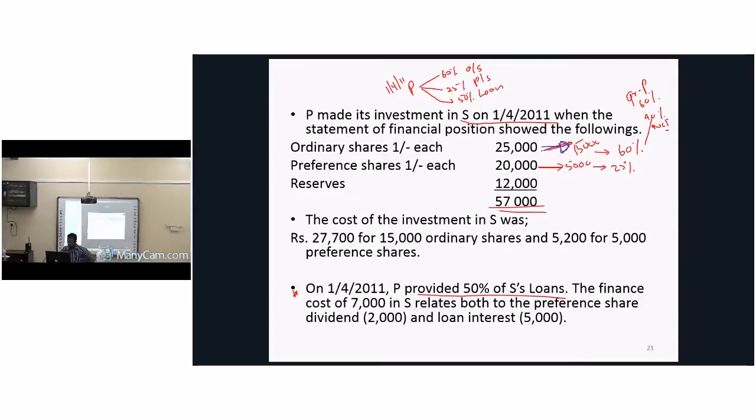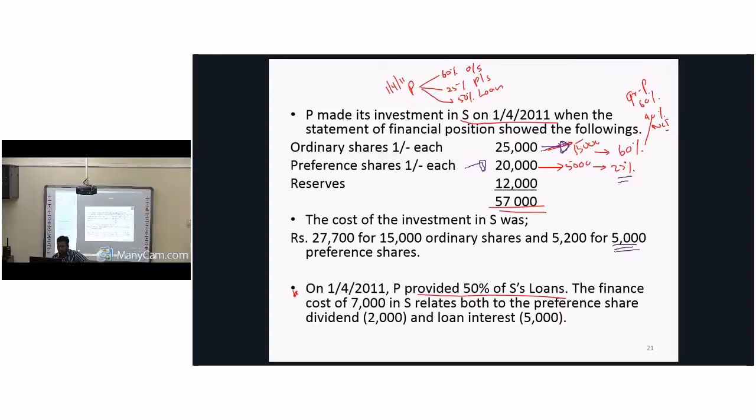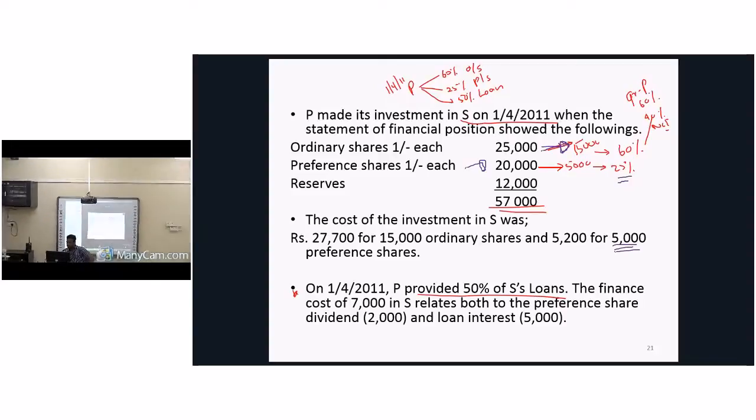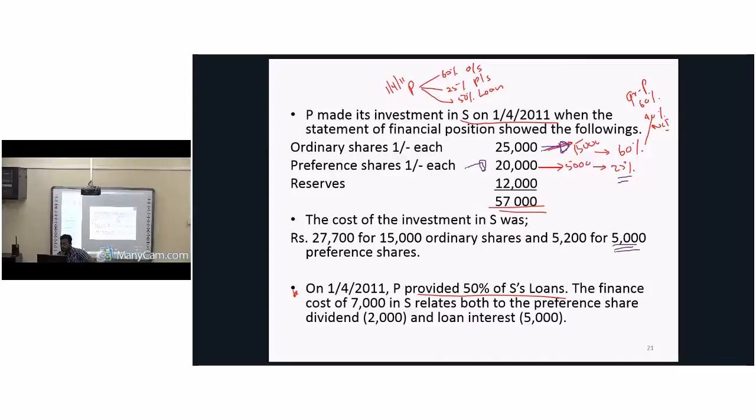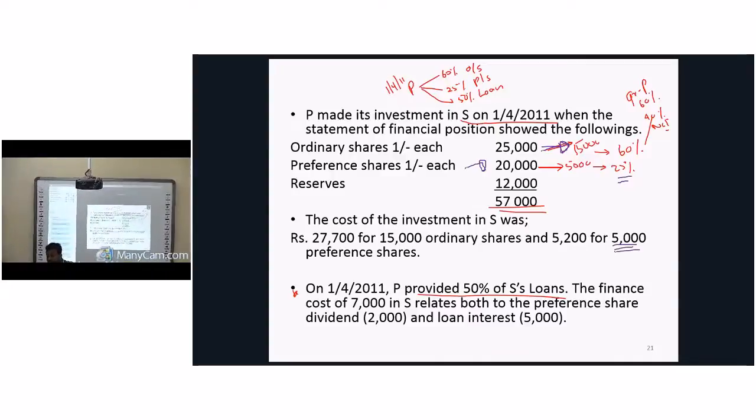Also, they purchased 5,000 preference shares out of 20,000 preference shares, so percentage-wise it is very clear, 25%. Right? Also another one: on 1st April 2011, 50% of subsidiary is low.